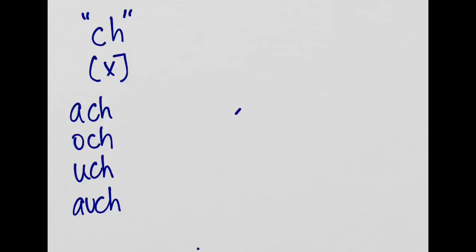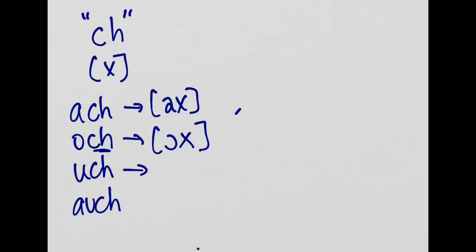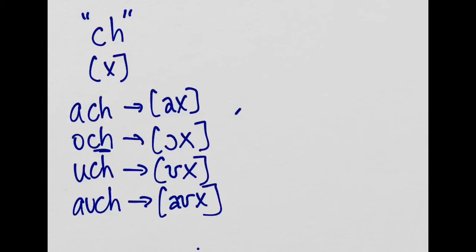So in the case of ACH, that would become Ach. In the case of OCH, we would get open O, because again, two consonants, right? Och. UCH would again be open Och. And AU, we know, is Auch. The good news is each of these vowel sounds on their own, if you did not move and blew air through it, you would receive an Achlaut in any case.